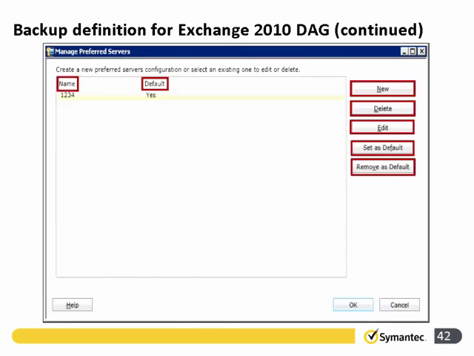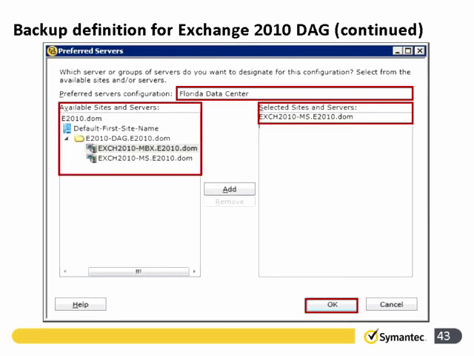When you click the Change button, it will show you a list of your preferred servers that you can then set one as default, and you can edit this list. You can add or remove from this list. So in your preferred servers, you can add any server that's in your environment.